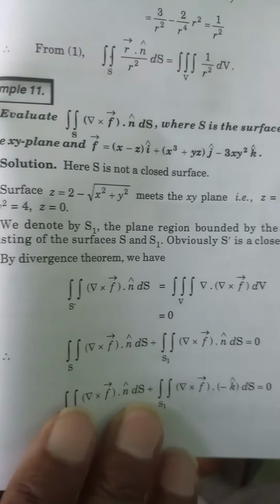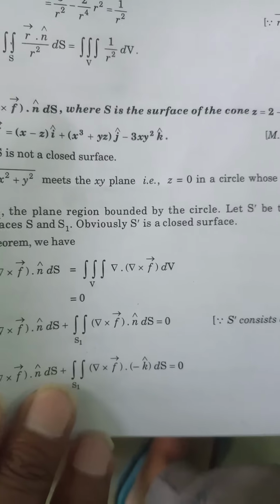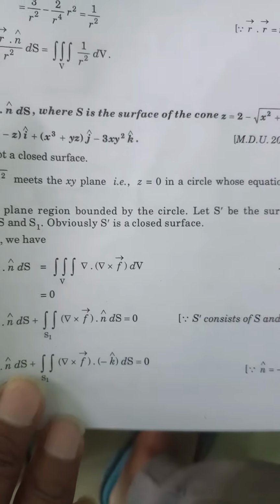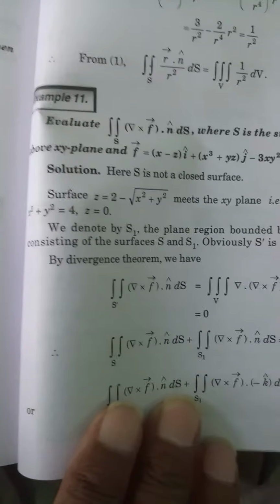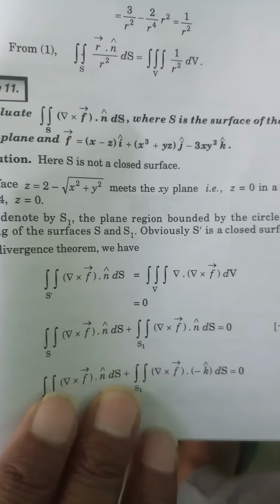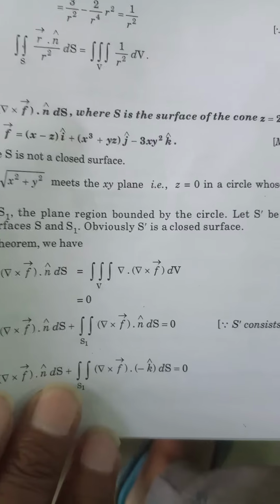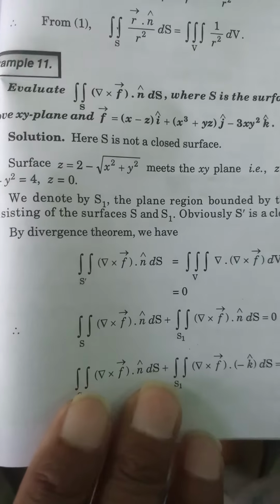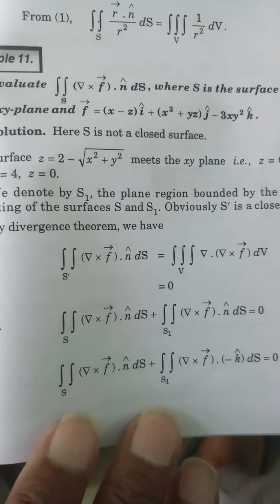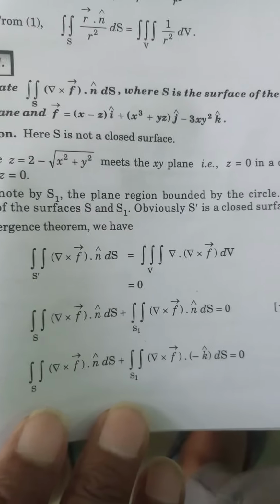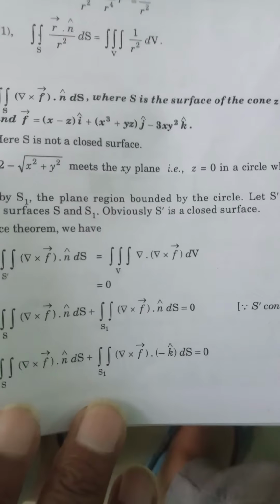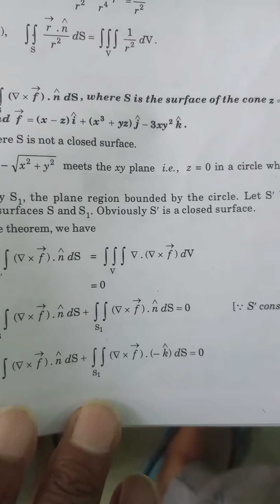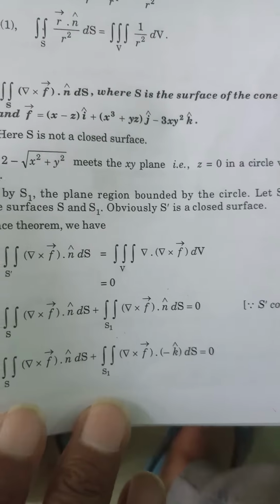We denote by S1 the plane region bounded by the circle. Let S dash be the surface consisting of the surface S and S1. Obviously S dash is a closed surface. By divergence theorem we have the double integral over S dash of curl f dot n ds equal to the triple integral over volume of div curl f dv, which is equal to 0.